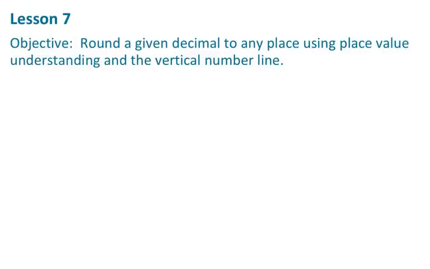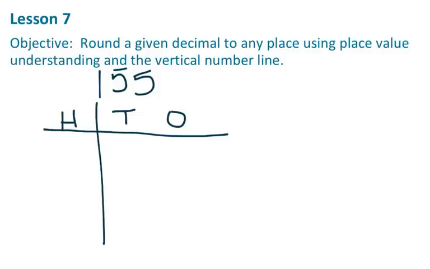So what they did today in class is they took a number like 155, and they broke down 155 in the place value charts. So we have hundreds, tens, ones. And 155 would be 1 hundred, 5 tens, 5 ones.